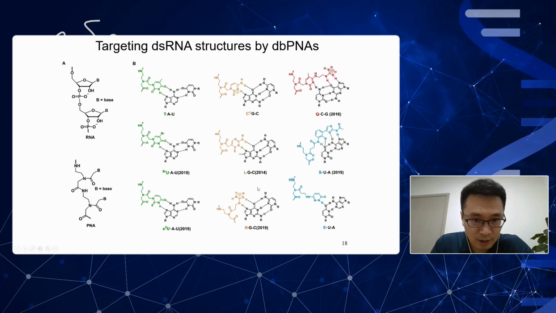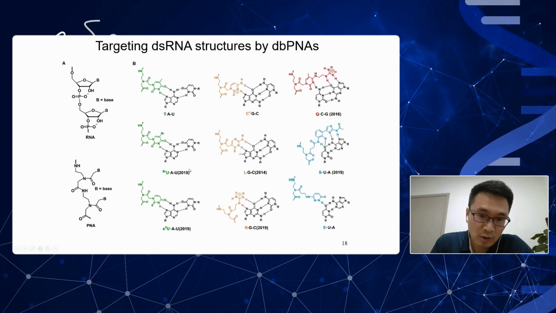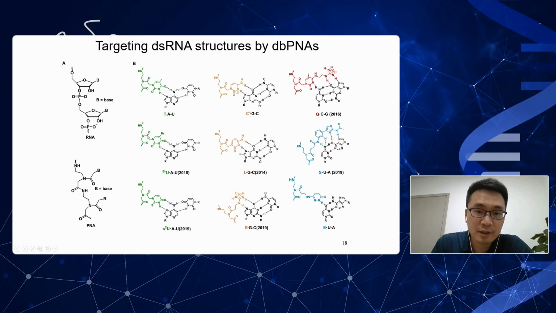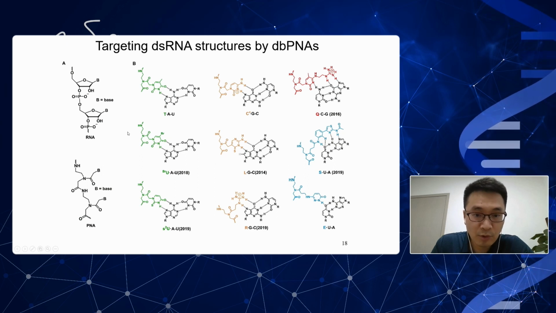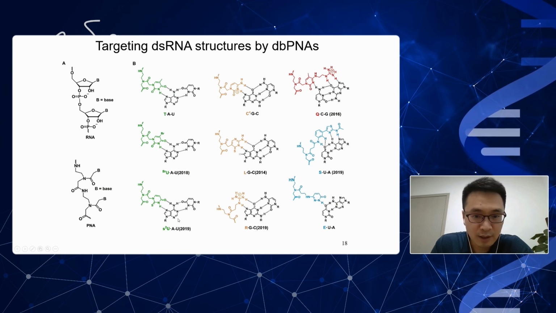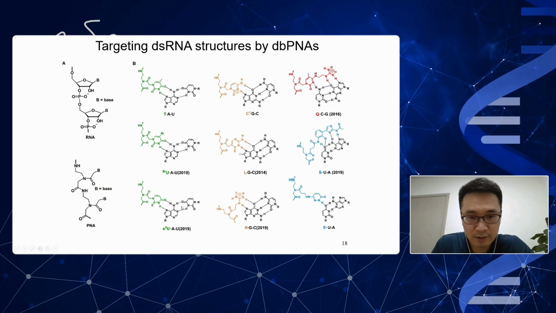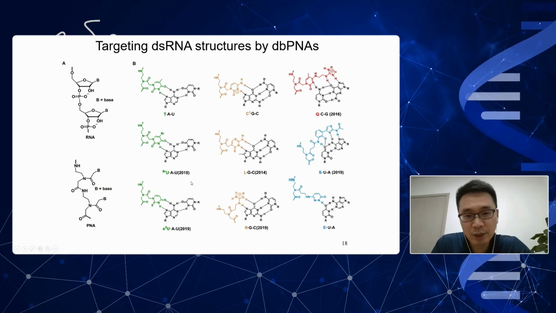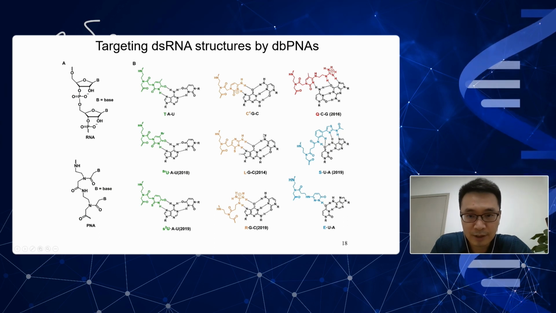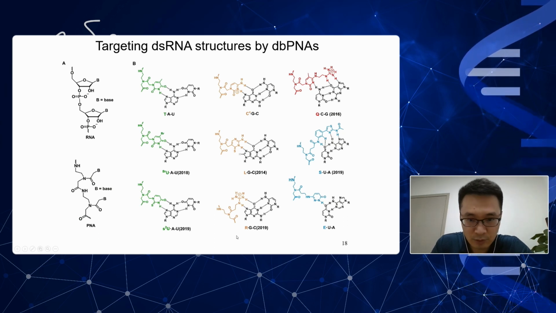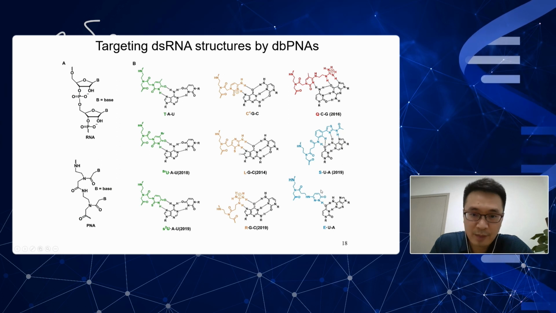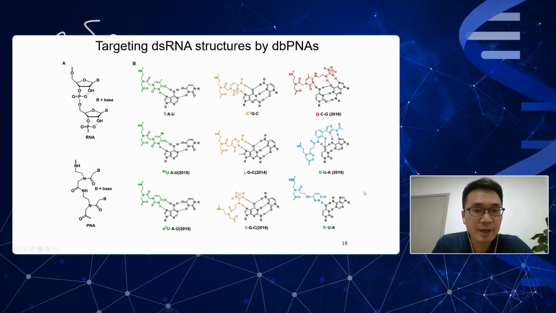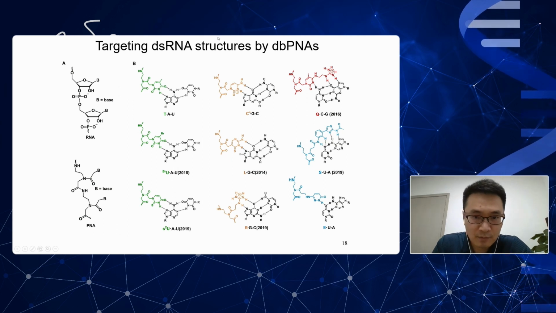You can see we have modified the U base with halogenated bases, for example, bromo U shown in green color, and 2-thio U also shown in green color. The numbers shown in the parentheses are the year in which we published the work. For the past few years, we have published a few papers reporting our efforts in recognizing the base pairs in double-stranded RNA.